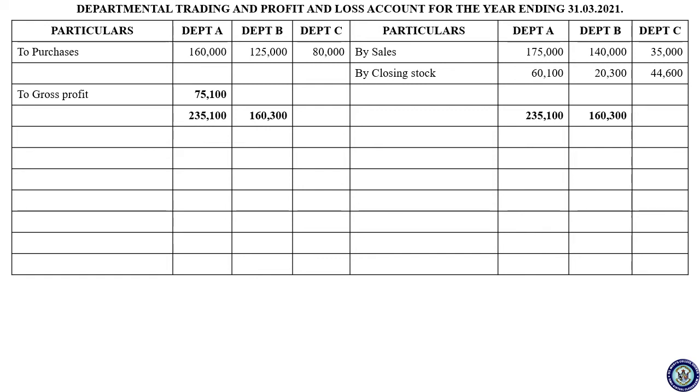So 1,60,300 minus 1,25,000, that is gross profit. So it comes to 35,300.